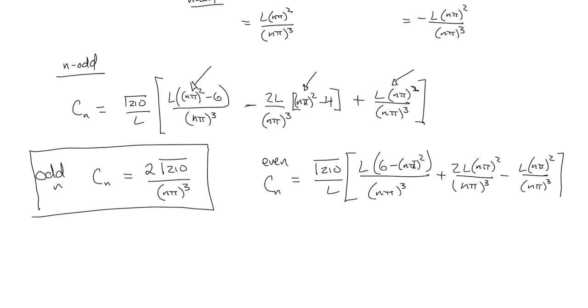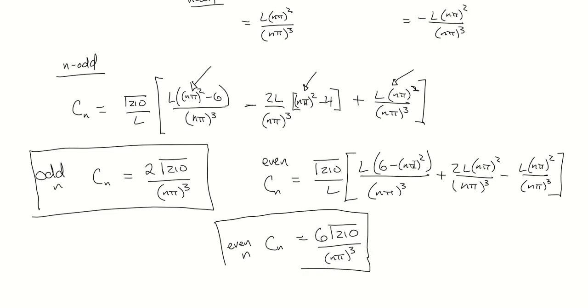Again, we're going to have a bunch of simplifications with things canceling, but this ends up being 6 times root 210 over n pi cubed. So this is our Cn for even n's. So those are our two solutions.